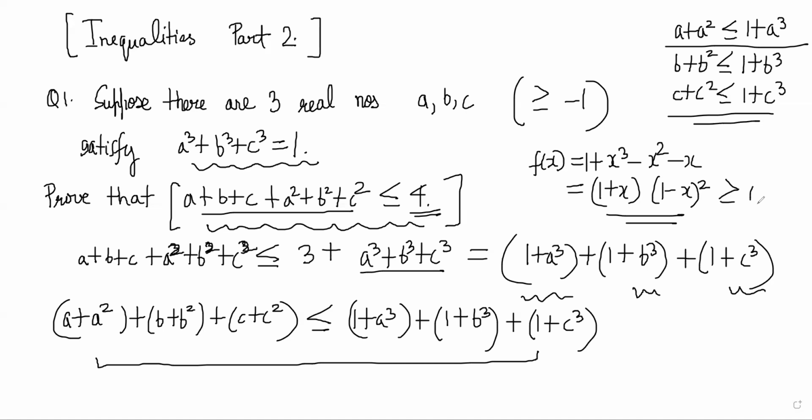This function is greater than equal to 0 for all x greater than -1, right? The function can be factorized as this part is positive and this part is positive if x is greater than -1. So we know that this function is positive for x greater than equal to -1. So obviously then f of A, f of B, f of C are all positive, because A, B, C are all greater than -1.